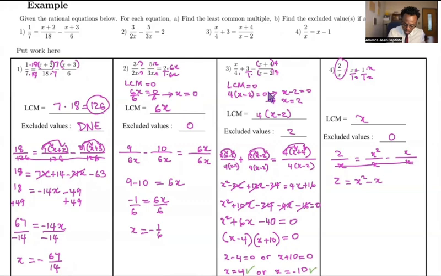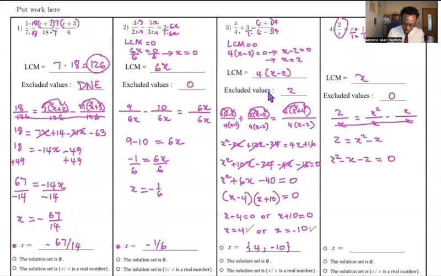Then if we want to have all the terms on one side, x squared minus x minus 2 equals 0. Can factor this as x minus 2 times x plus 1 equals 0, because negative 1 and negative 2 are the two factors of negative 2 that the sum would be negative 1.